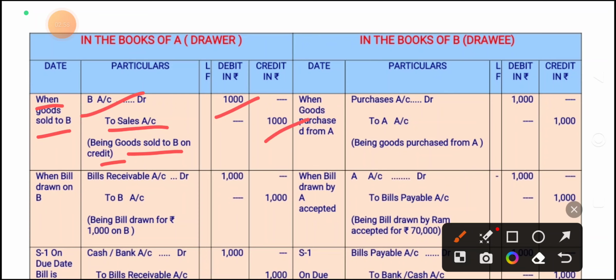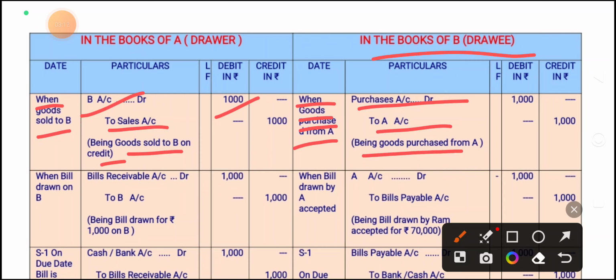Same thing in the books of B, the drawee, who is the purchaser: when goods are purchased from A, he will write purchases account debit to A's account, being goods purchased from A on credit, 1000 rupees, 1000 rupees. This is the first general entry.